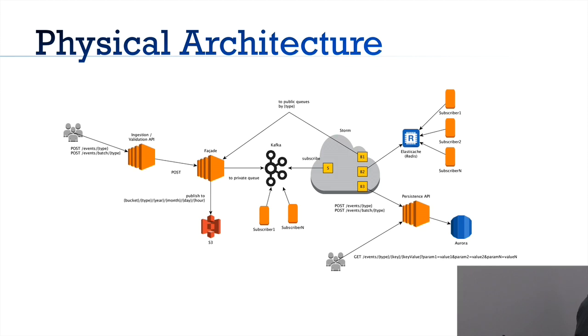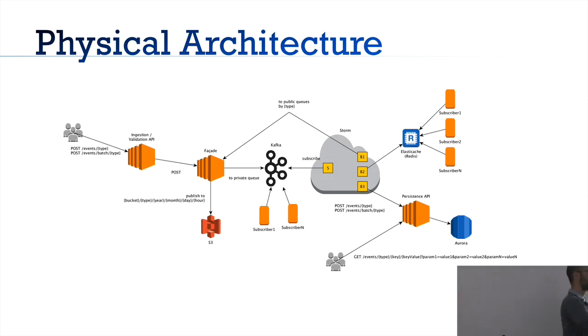In Storm, you have spouts, which are things that receive work or items to be worked on. And then you have bolts, which you can think of as processors. A spout will consume messages off of the Kafka queue and pass them on to these bolts to do something. So we have multiple bolts.